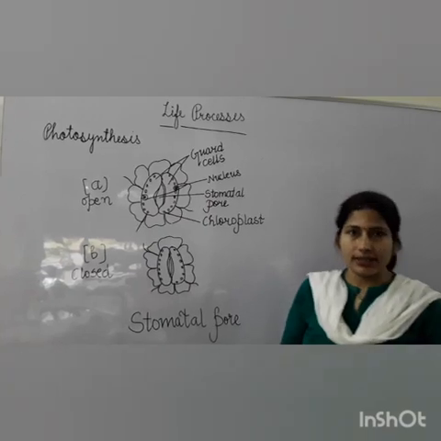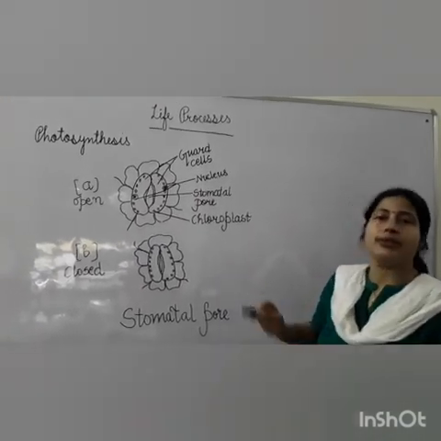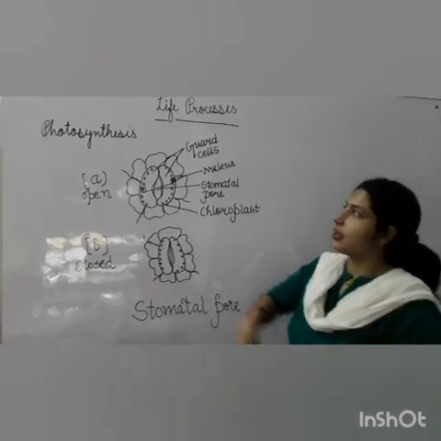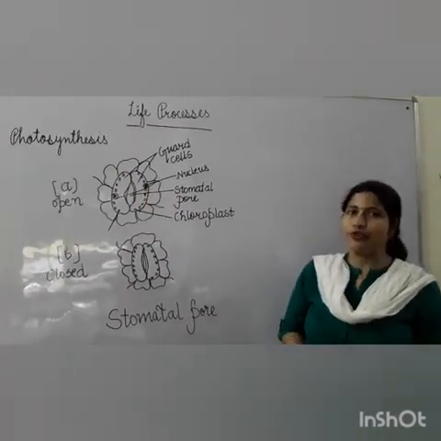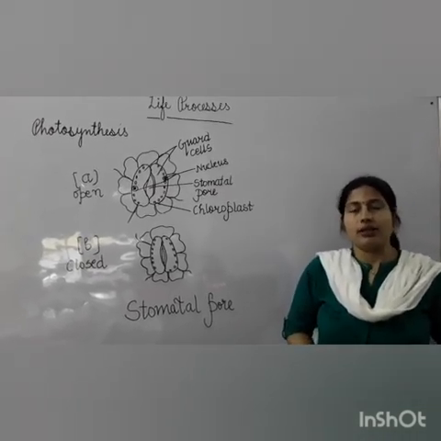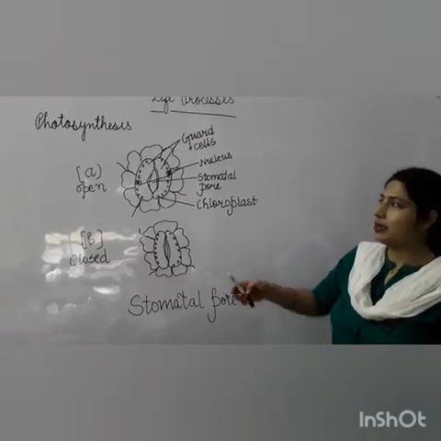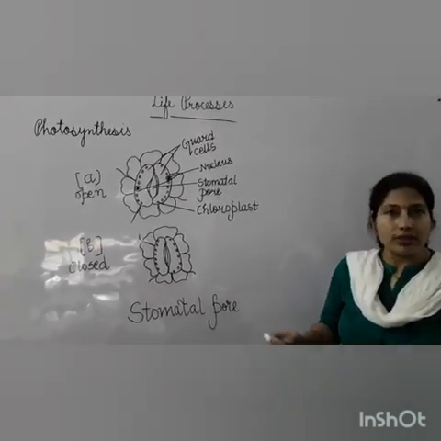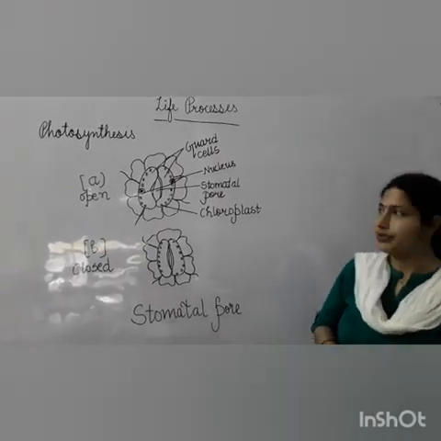Now we will study stomatal opening and closing, because this is an important event of photosynthesis. Stomata are the tiny pores which allow gaseous exchange and transpiration. And I would like to tell you one more thing, that gaseous exchange does not take place through stomata only, because it occurs through the surface of stem, roots and leaves.